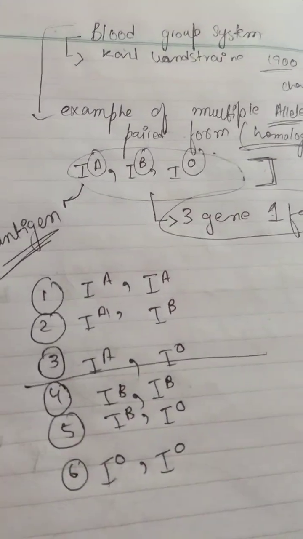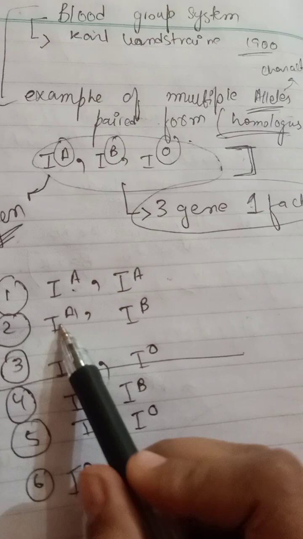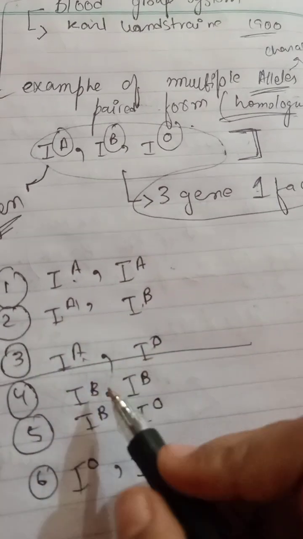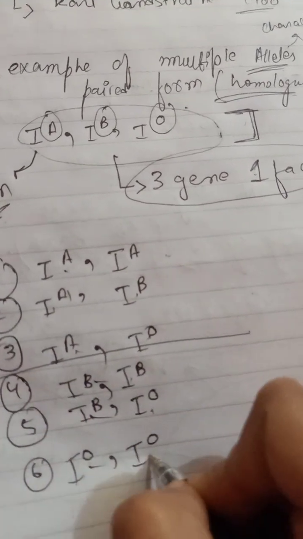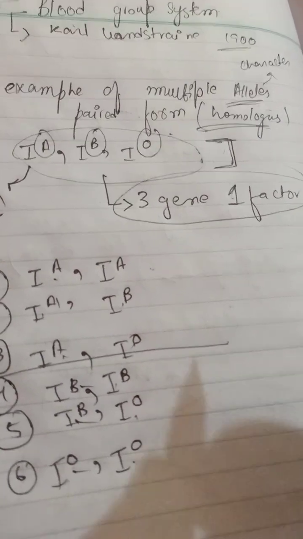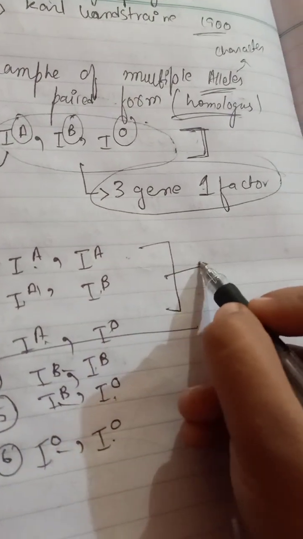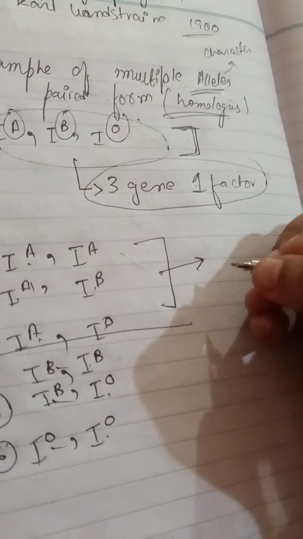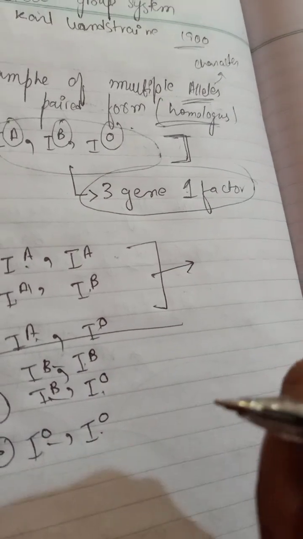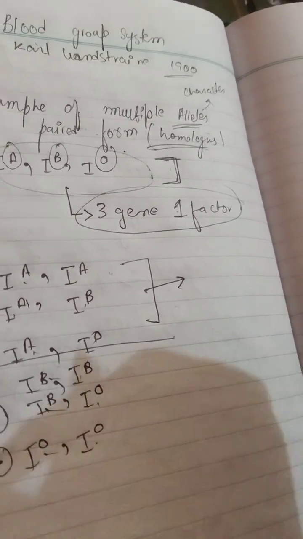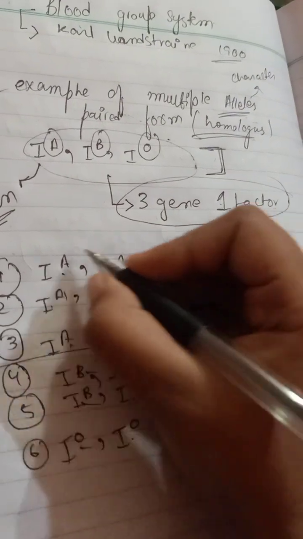So we have AA, AB, AO, BB, BO, OO. These form the gametes. The same genes attach, and two genes represent the blood group.